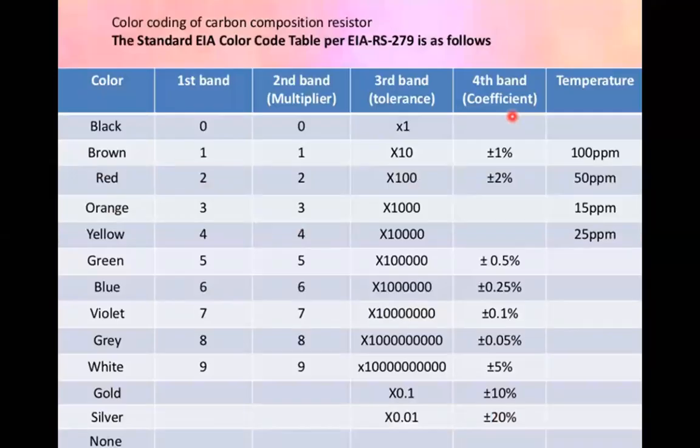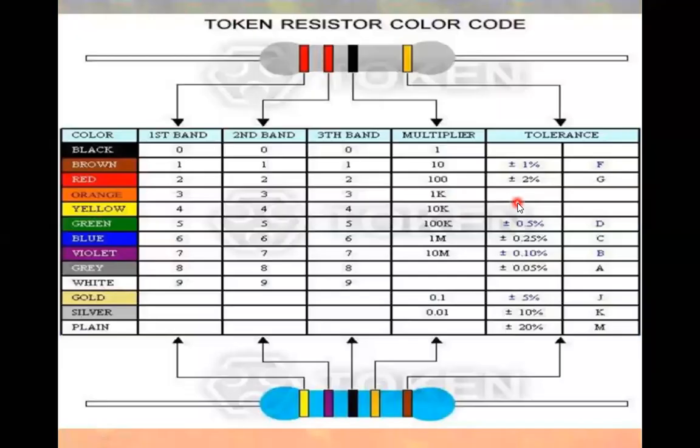The same thing is written with the color coding, showing how the first band and second band are taken, and how the multiplier and tolerance are read, along with the temperature. In the same way, now see this: this is the first band, second band, and the third band is the multiplier.